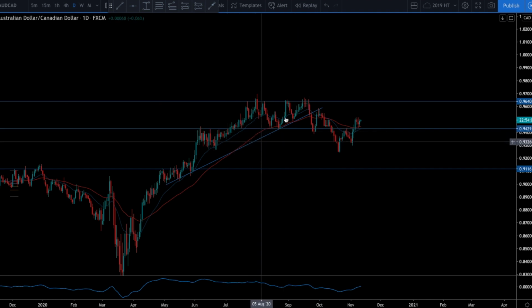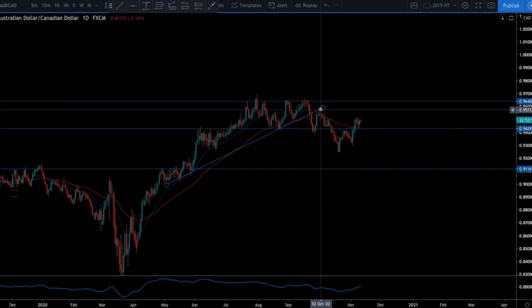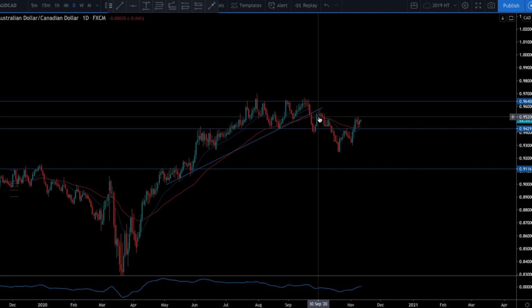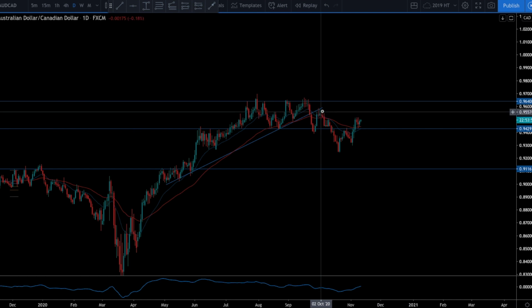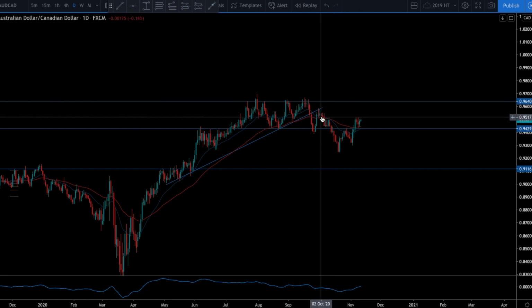And once it broke this trend line and came back and retested with some nice deceleration, these two candles right here, this red one and this green one, that is called a tweezer top. So it was showing good deceleration, and I got in on this candle right here on the 2nd of October.